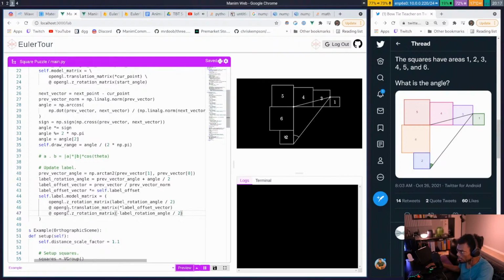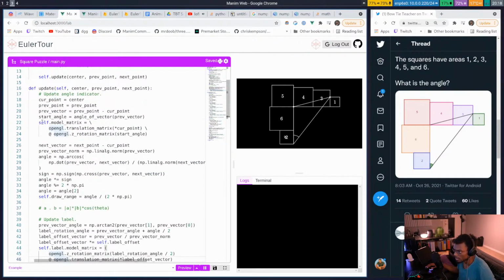I think. Wait, so much of this makes very little sense to me. How much is this rotated by? Z rotation matrix start angle, which is the angle of the pre-vector. So it's starting out rotated by this much.